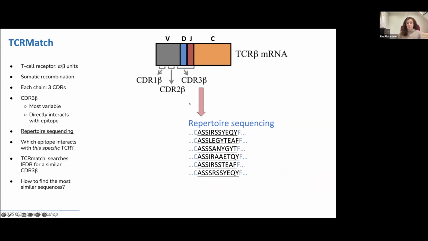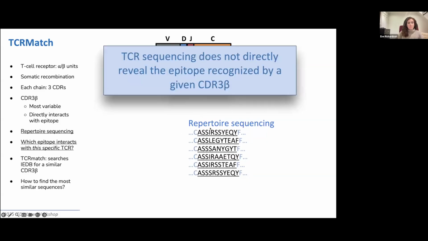A very common experiment now, offering another view into how the immune system works, is repertoire sequencing. When you perform repertoire sequencing, you can get millions or tens of millions of TCR sequences. In this example, we've got six CDR3 betas.